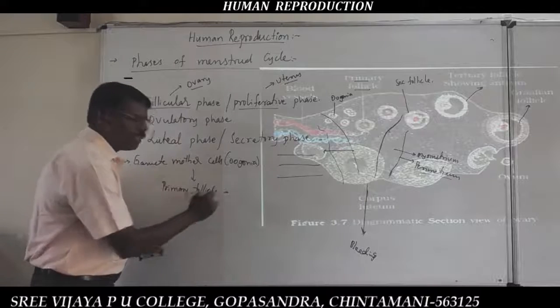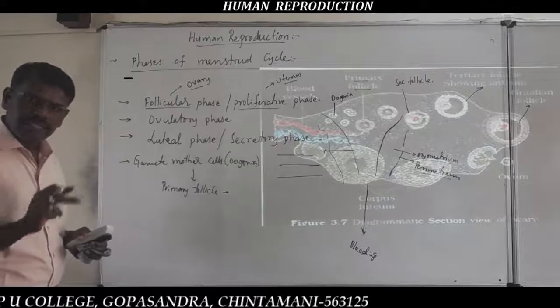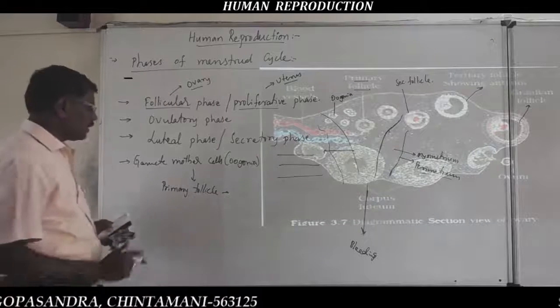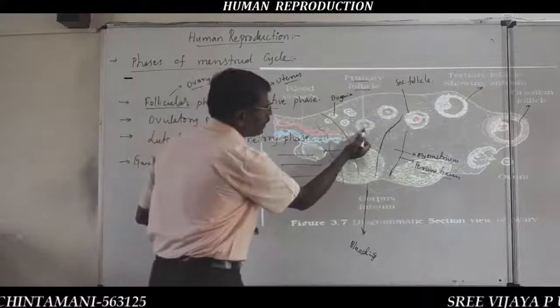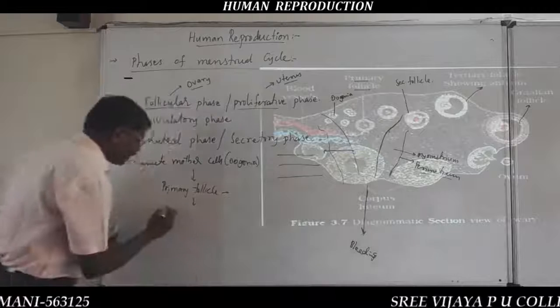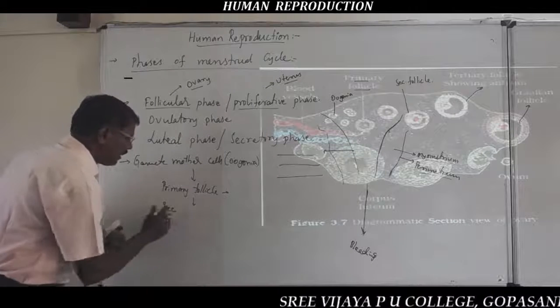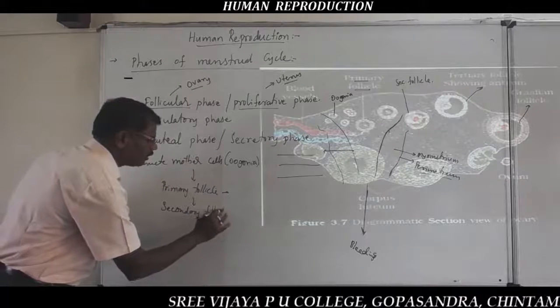It is characterized by being covered with a single layer of granulosa cells. The primary follicle develops as the secondary follicle.